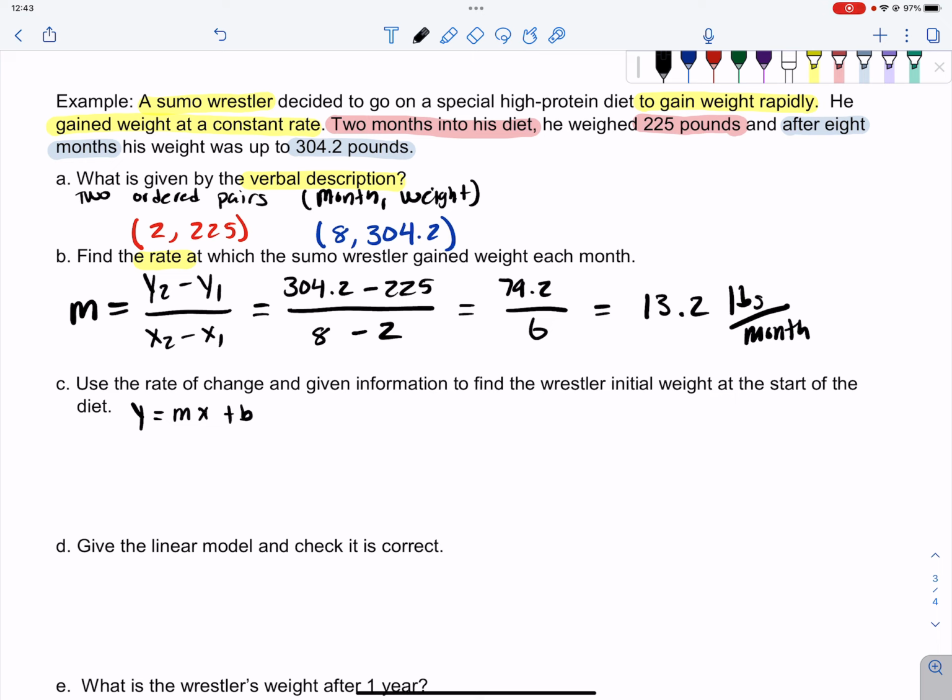So when y is 225, that is equal to 13.2 times x, which has to be 2 because we put in 225 for y, plus b. Now we can solve this for b to get our initial amount.